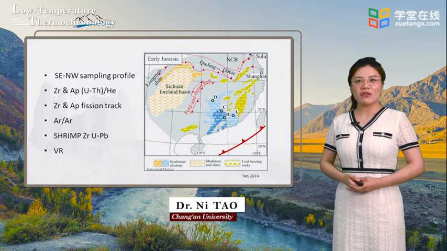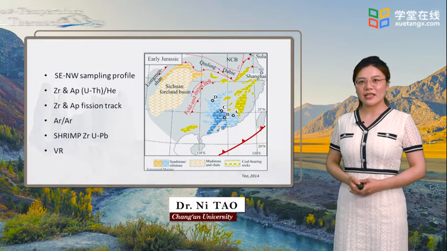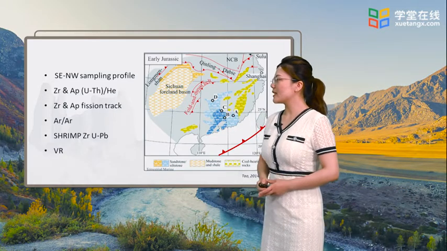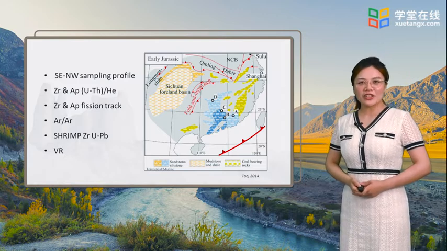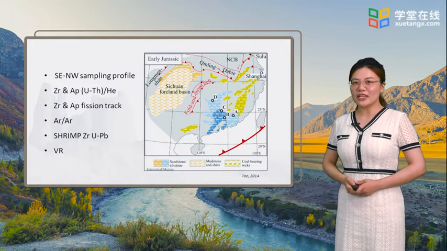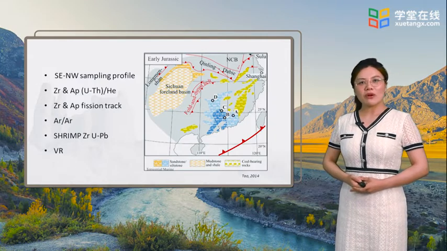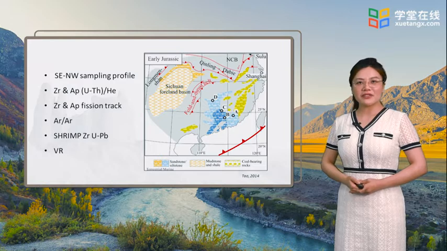A series of low-temperature thermochronology analyses were conducted, including zircon and apatite uranium-thorium-helium dating, zircon and apatite fission track analysis, and other geochronological dating methods, including argon-argon dating and SHRIMP uranium-lead dating. Besides, coal samples were also collected along this profile to gather the vitrinite reflectance data.